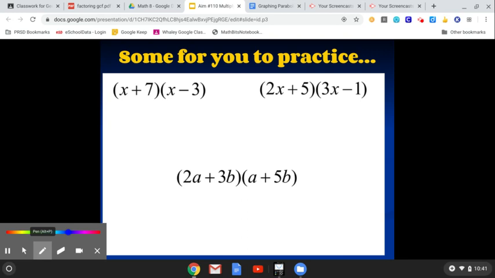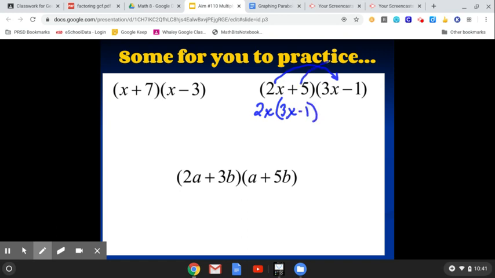So this is 2x times that whole thing. So 2x times 3x minus 1. Now I take my 5 and I distribute it as well. So plus 5 times 3x minus 1. So now that I've distributed the pieces, now we're actually going to do the distributive for each one.